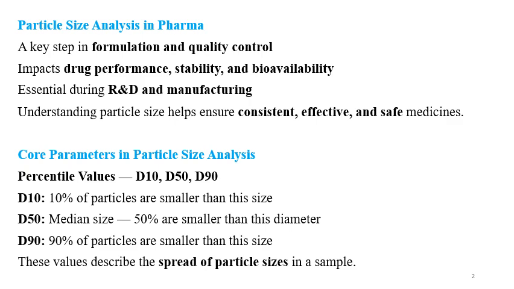Particle size analysis is a critical material attribute which affects the critical quality attributes, that is CMA affecting the CQAs. It impacts the drug performance, manufacturability, stability, bioavailability, and that's why it is essential to know the impact of particle size during the research phase.